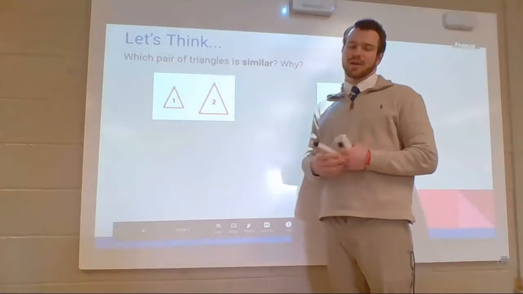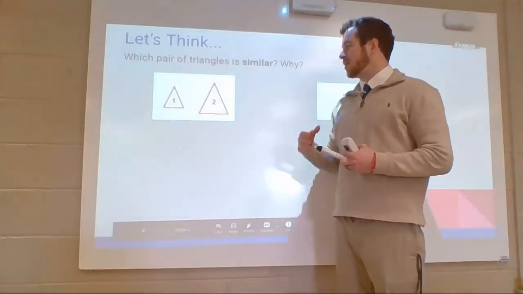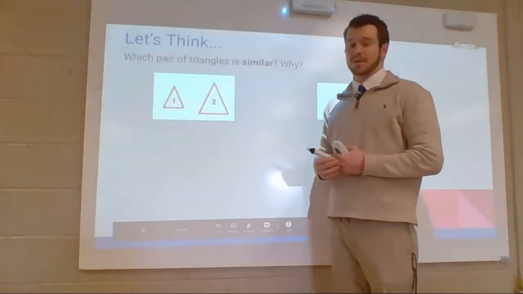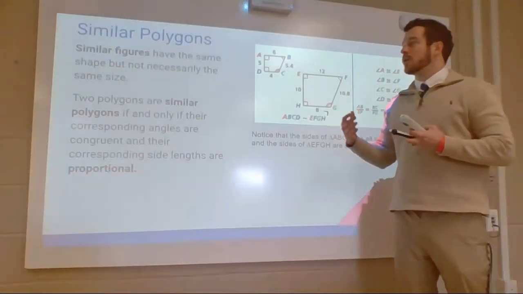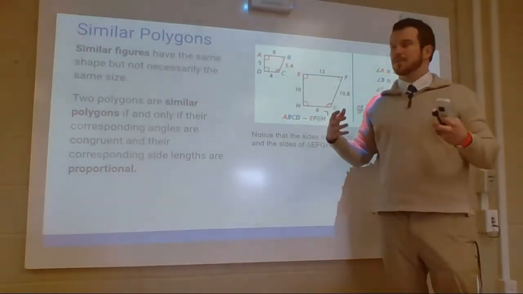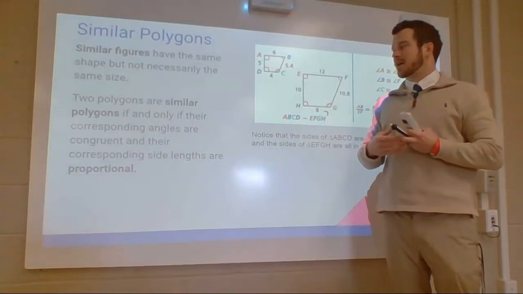So if you can visualize those transformations, then you can get a good idea of whether polygons are going to be similar or not. So what we conclude, and you should get this in your notes, is that similar figures have the same shape, but not necessarily the same size.